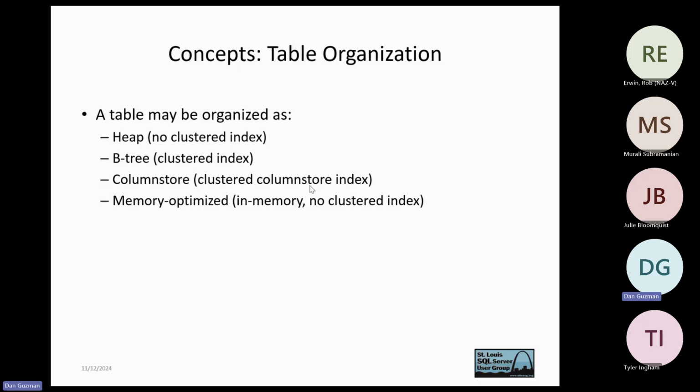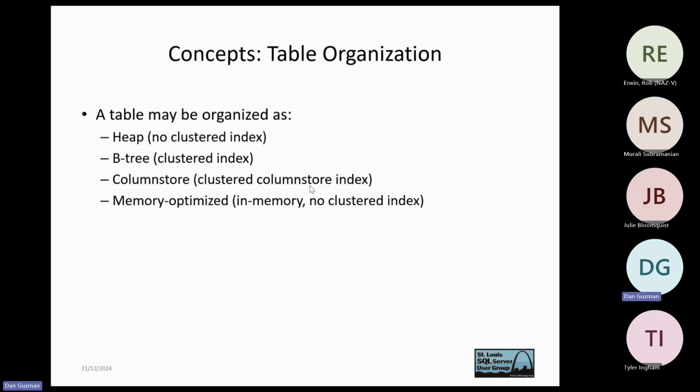And to a certain extent, they can help reporting workloads. And for specialized use cases, you can have memory optimized indexes, which, as the name implies, are not persisted on disk, but are actually built and maintained in memory.